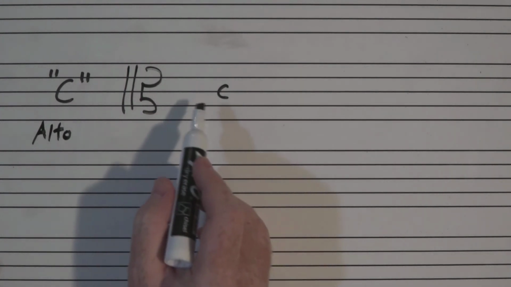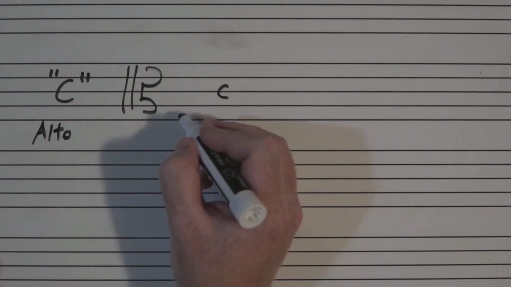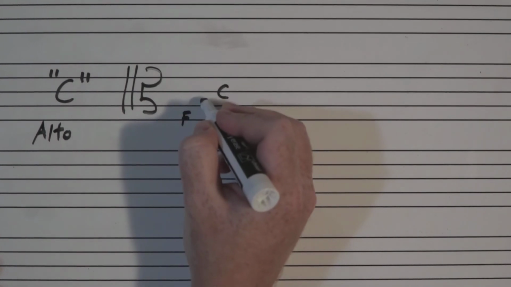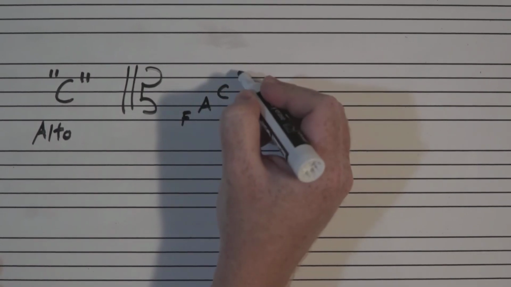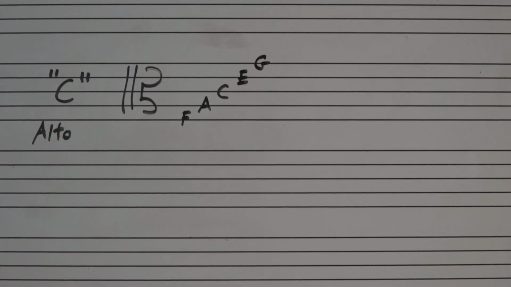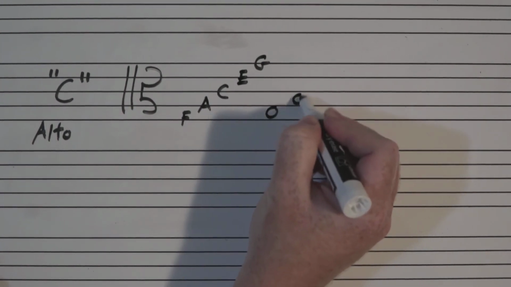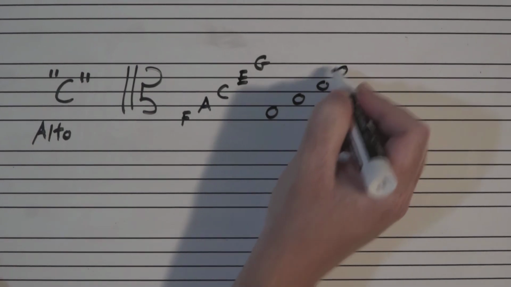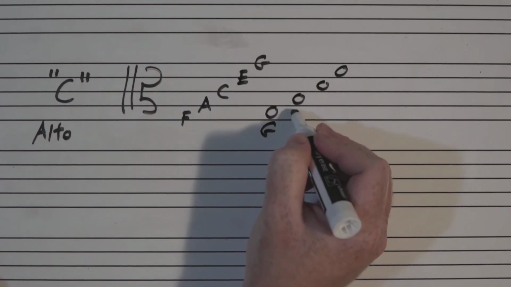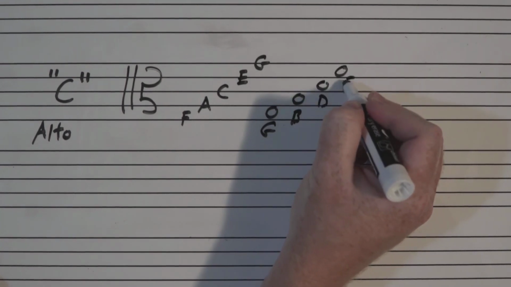And again, once we've asserted that that middle line is C, then all of the other lines fall into place. F, A, C, E, and G. And if those are all of the lines, then these spaces will be G, B, D, and F.